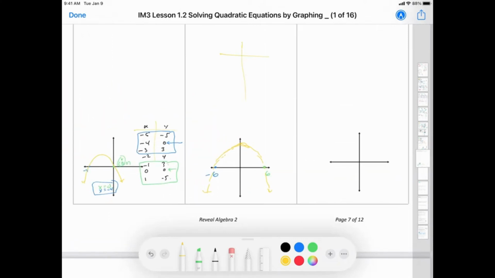And let's create our table of values here. If you did -7, 49 minus, that would be -13. And what I'm trying to show you guys here is where it is on the table.